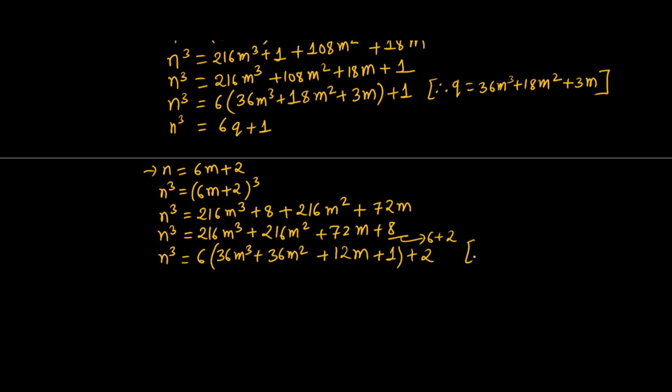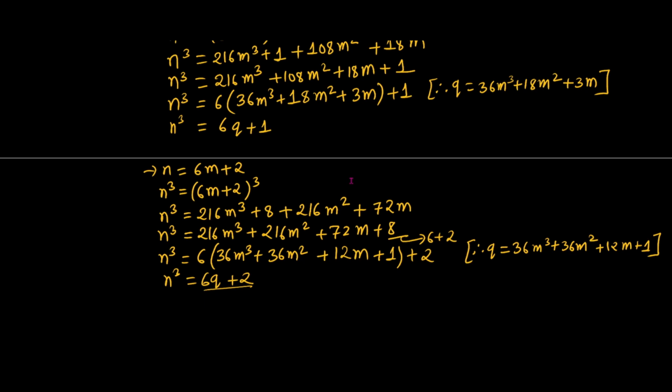So from here we can take q. So q is equal to 36 m cube plus 36 m square plus 12 m plus 1. So from here we can write n cube is equal to 6q plus 2, which is in the form of 6q plus r. R is 2.